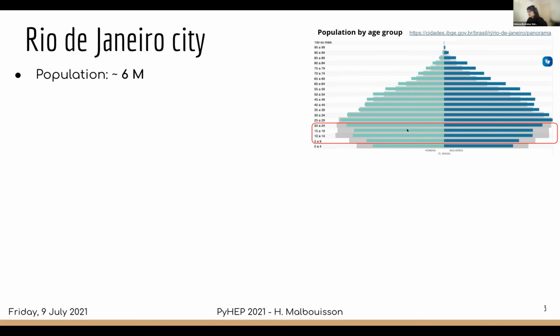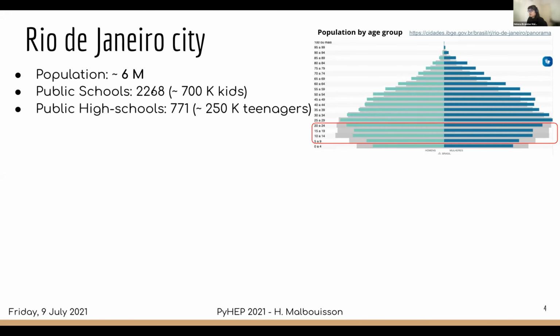So to attend those, as public schools, we have around 2,000 public schools, and I will emphasize on the public side soon, that attends around 700,000 kids. And when we move to high school, this number goes down by 1/3. So we have around 700 high schools to attend around 250,000 teenagers.